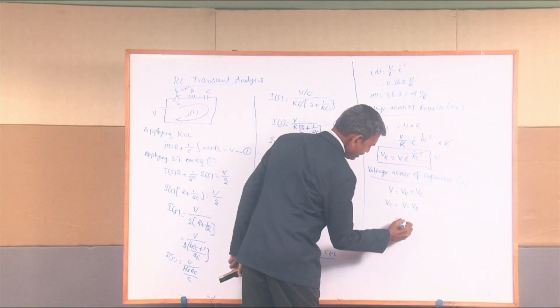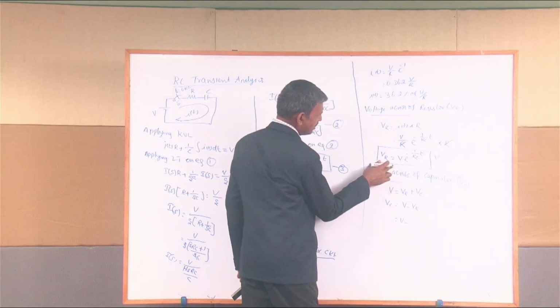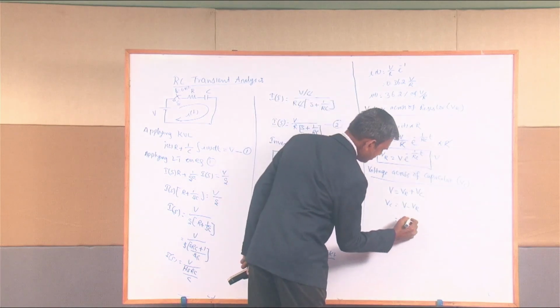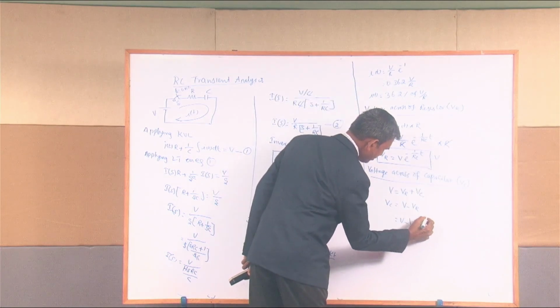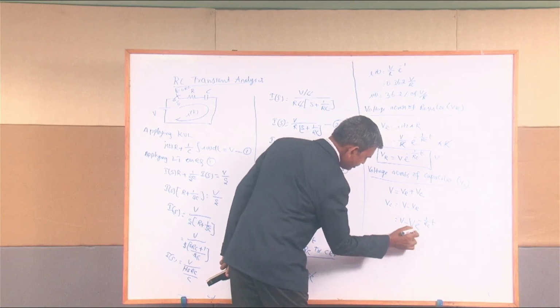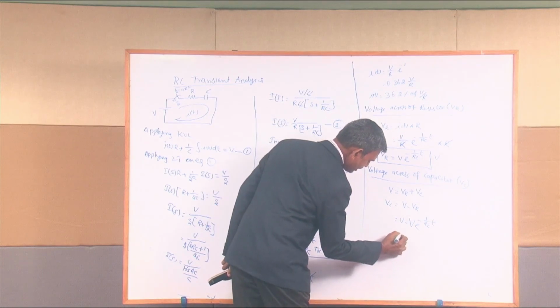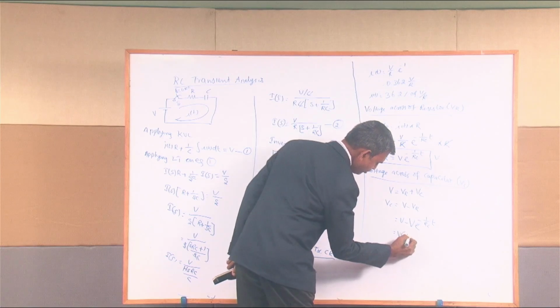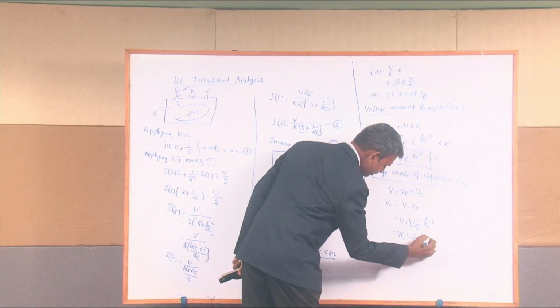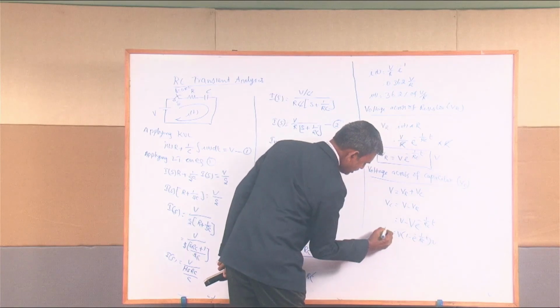The VR value we have already found, VR is nothing but V into e to the power 1 by RC into t. In these two terms V is common, so we can take it outside: V into 1 minus e to the power 1 by RC into t. So this is the voltage across the capacitor.